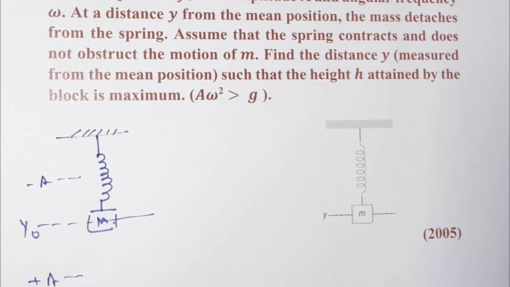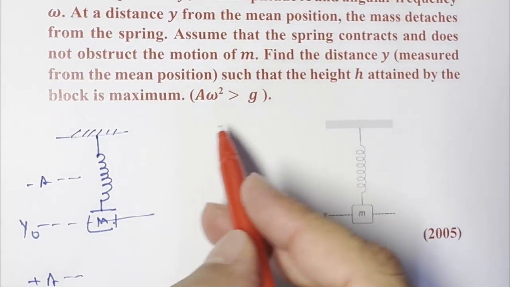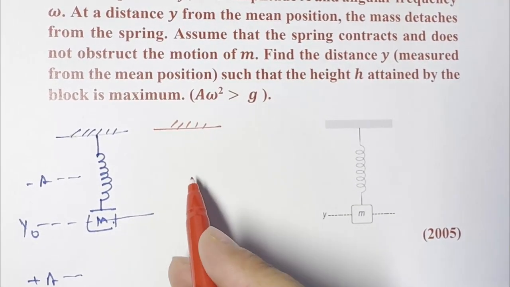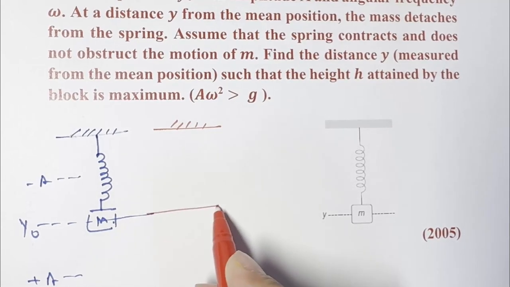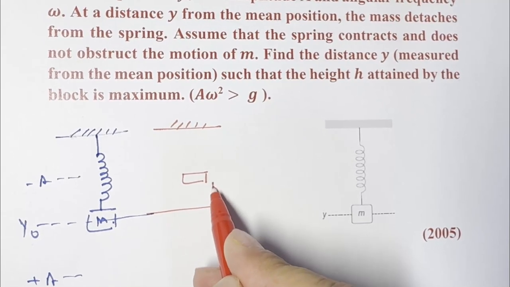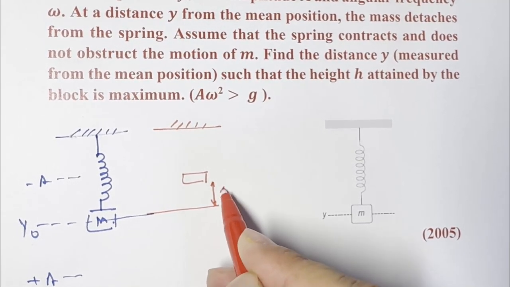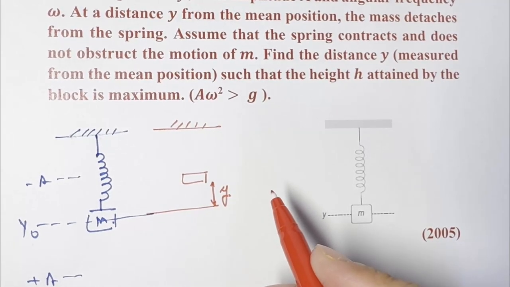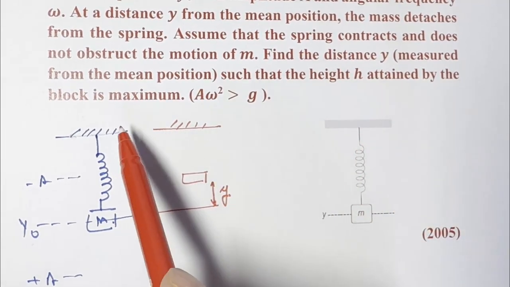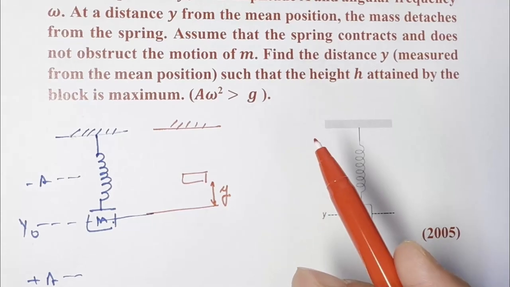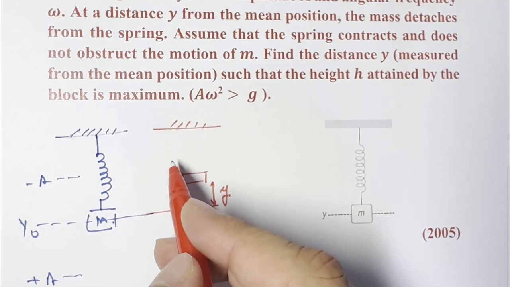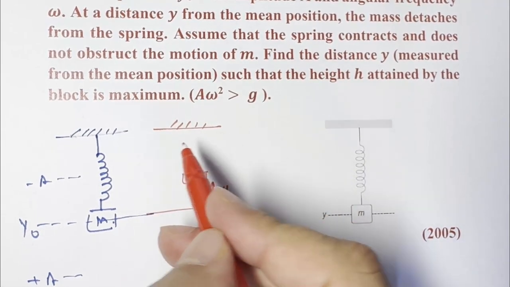And it says that the mass detaches from the spring, so let us assume that the mass is detached. So this is the mean position and the mass is detached somewhere here, and its distance from the mean position is given as y, and we have to find the distance y such that the height h attained by the block is maximum.